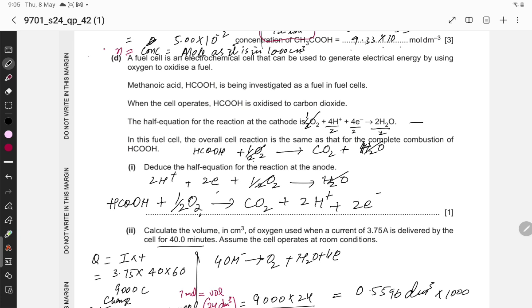If we divide the whole equation by half, then 2 to the 4, 2 to the 4, and 2 to the 2.